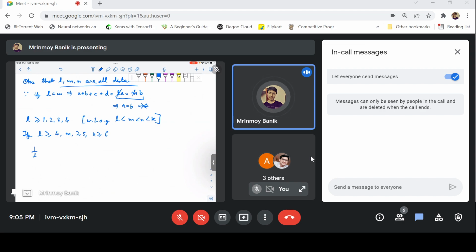And let's see how much 1 by L plus 1 by M plus 1 by N is. So it's 1 by 4 plus 1 by 5 plus 1 by 6. So the common denominator is 60.